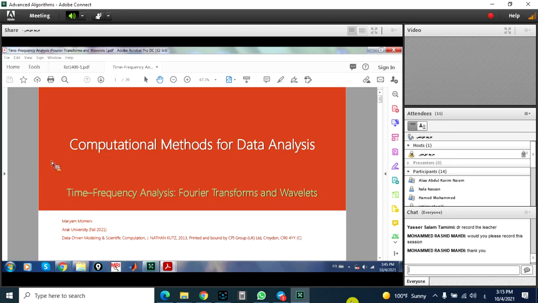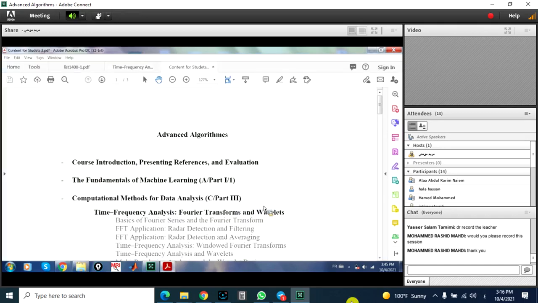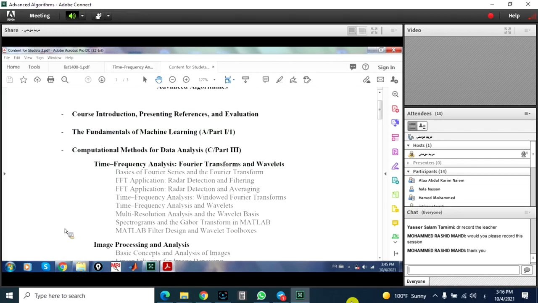As you see here, our main topic is computational methods for data analysis. If you remember, in the first session we mentioned, for example, linear algebra, singular value decomposition, and so on.